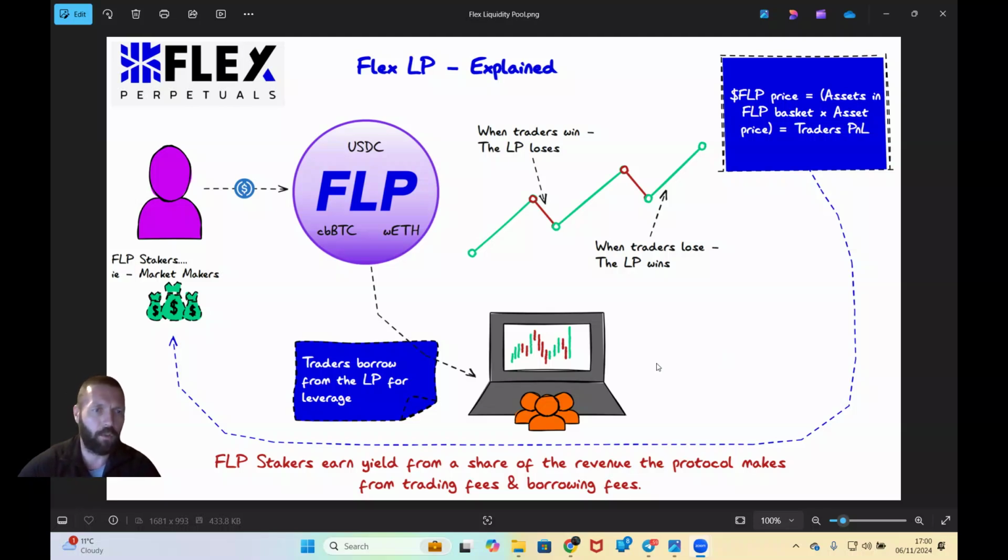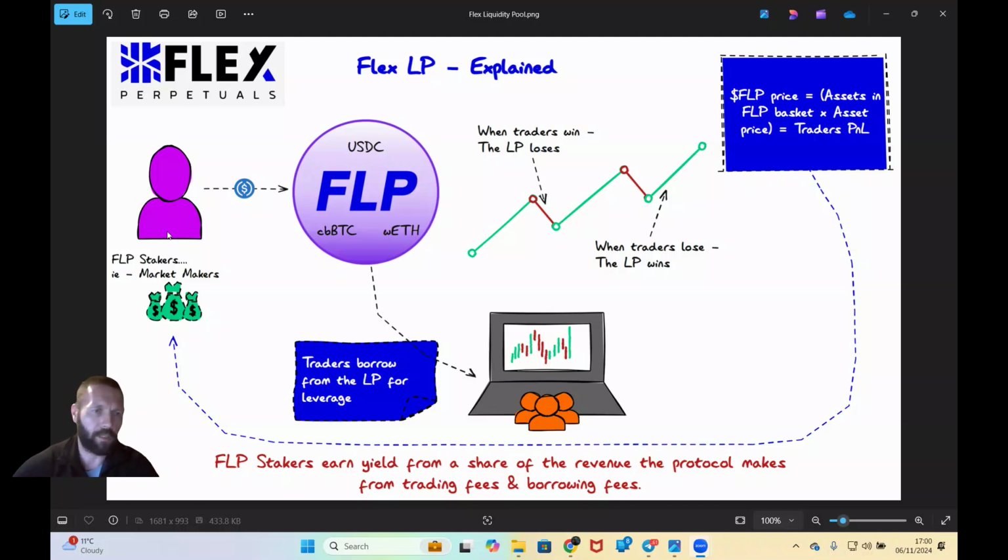First of all, you should understand that FLP is a token that's like an index, essentially. It comprises USDC, cbBTC, and wrapped ETH. So it's like a basket of these three blue chip assets, all rolled into one.